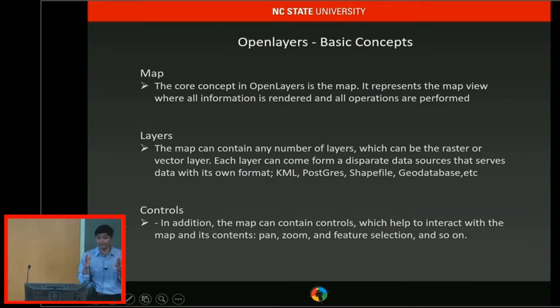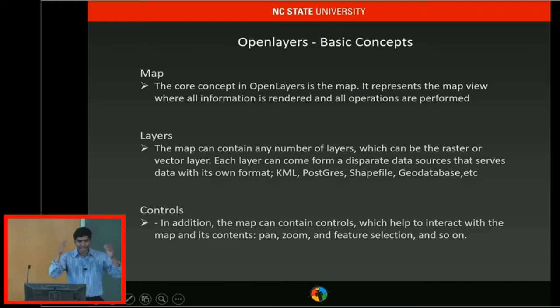Layers can come in different ways, with different data sources. It can be a WMS layer, WFS layer, vector layer, or streamed from a shapefile. GIS has so many disparate and different ways of handling information.